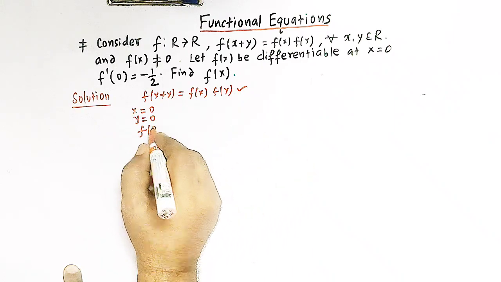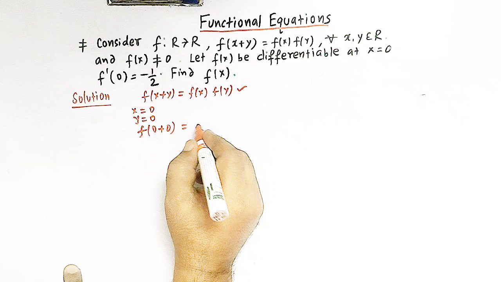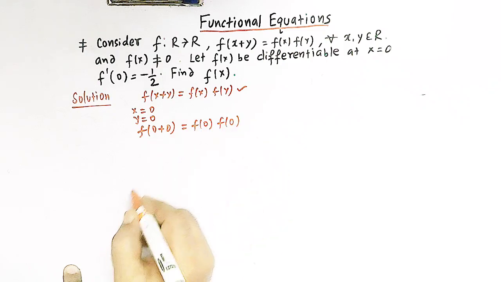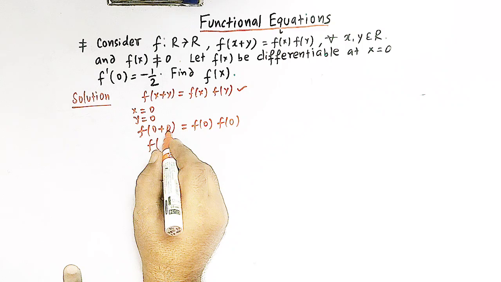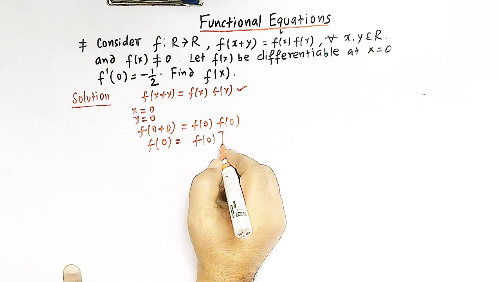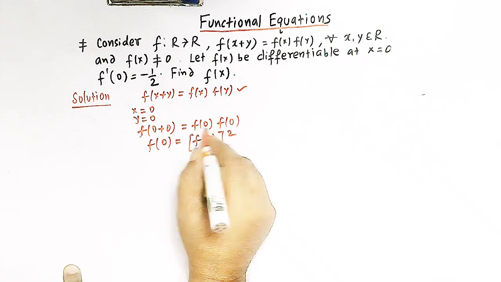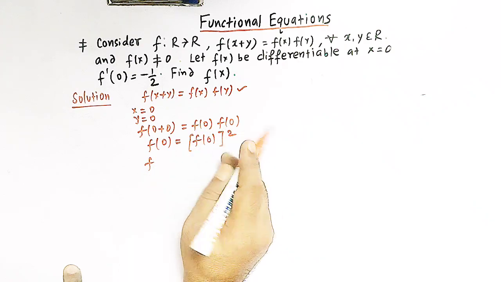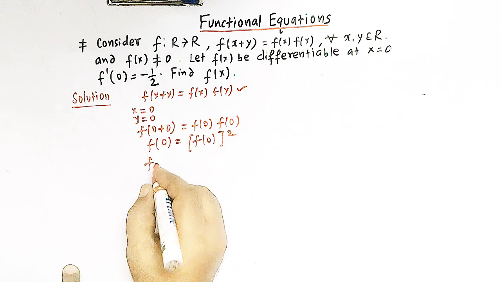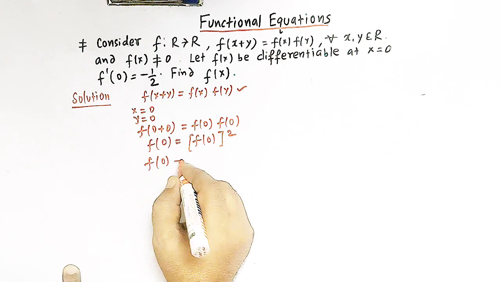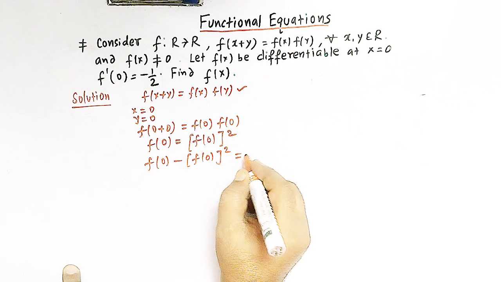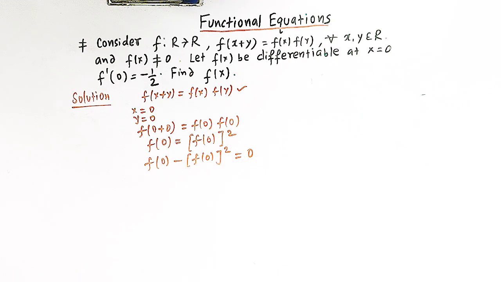So we have f(0 + 0) on the left, and f(0) times f(0) on the right. Now 0 + 0 is 0, and here we have f(0) squared. Taking f(0) squared to the left hand side, we have f(0) minus f(0) squared equal to 0.